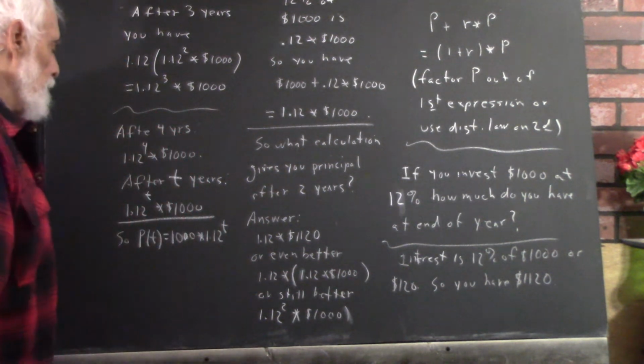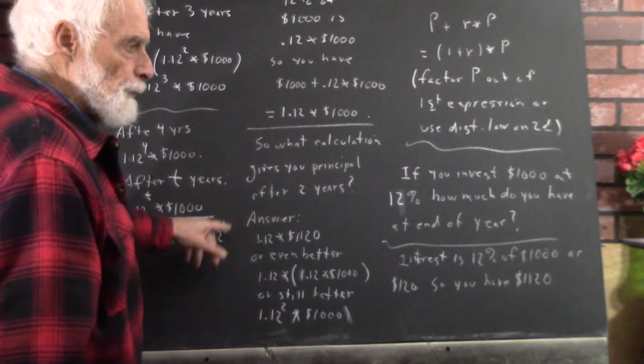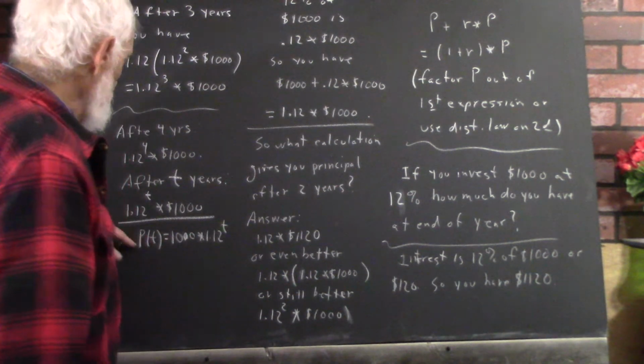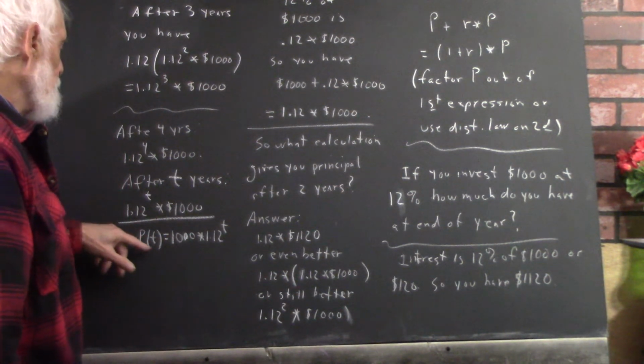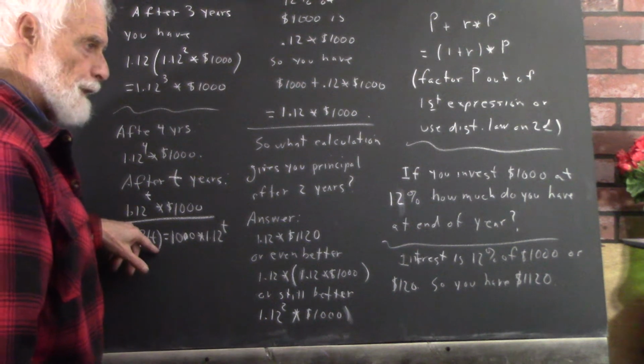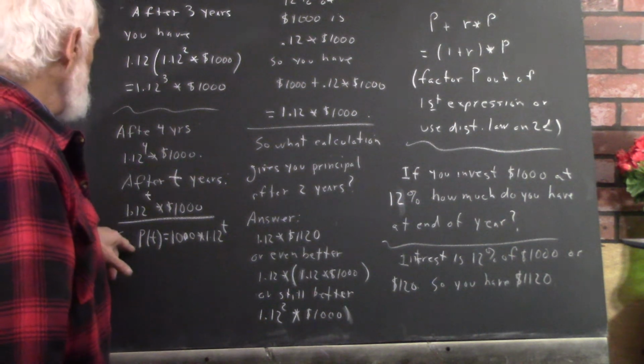So P of T is $1,000 times 1.12 to the T, where P of T is the principal function. Principal is a function of time. That's not multiplying P by T, that's P of T.